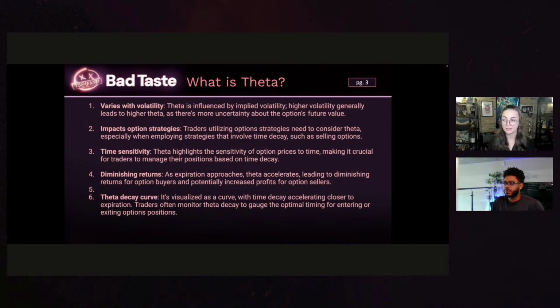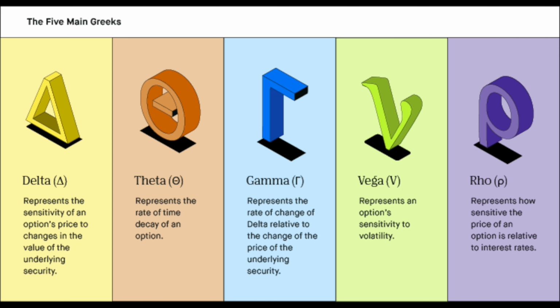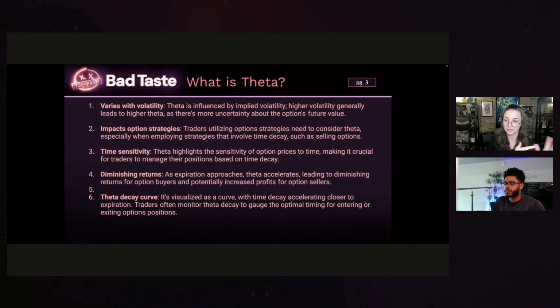But theta, I think it's helpful to look at. The other thing that's helpful is that you can look at the theta of a portfolio because the units are all the same, but you can't look at the gamma of a portfolio, right? You can't look at what your overall portfolio sensitivity is to gamma, because the delta of an option on one underlying is in different units. A $1 change in Apple is different than a $1 change in Amazon, right? Yeah.